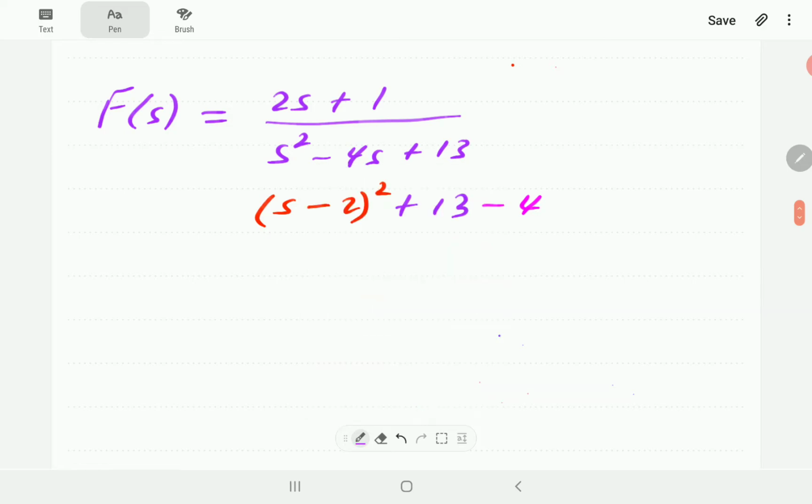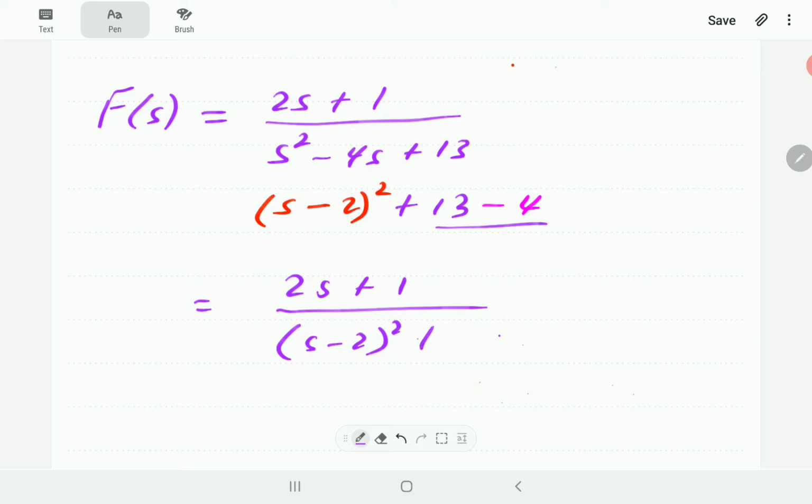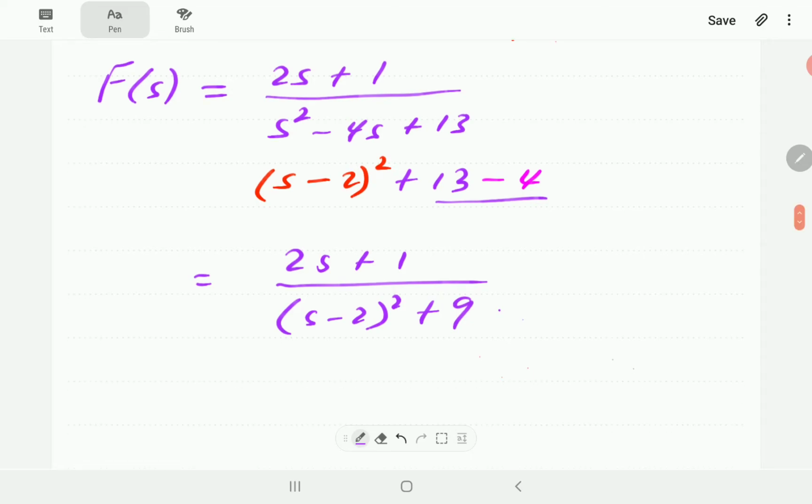So the expression now looks like this: s minus 2 all squared plus 13 minus 4, which is plus 9. And of course we can write that as s minus 2 squared plus 3 squared.